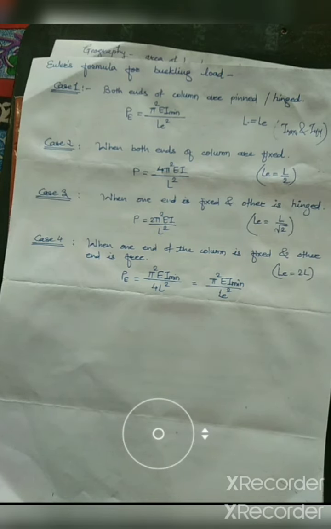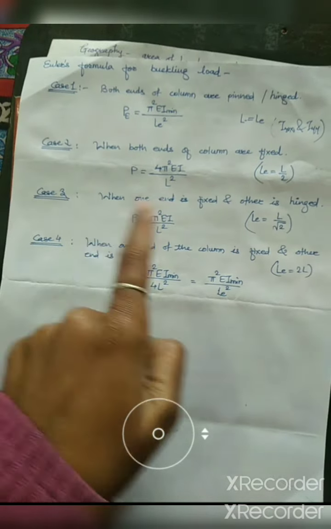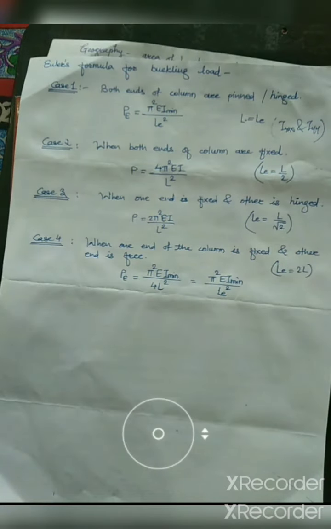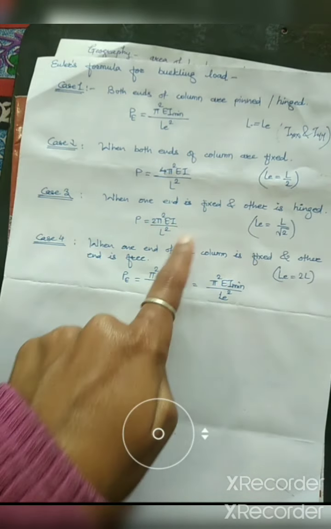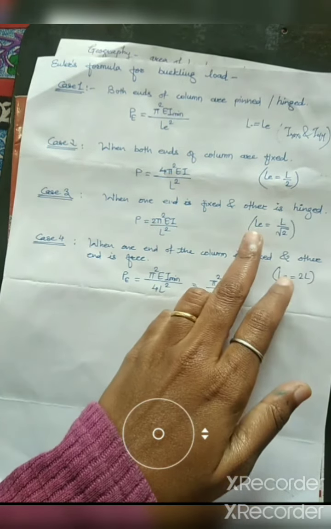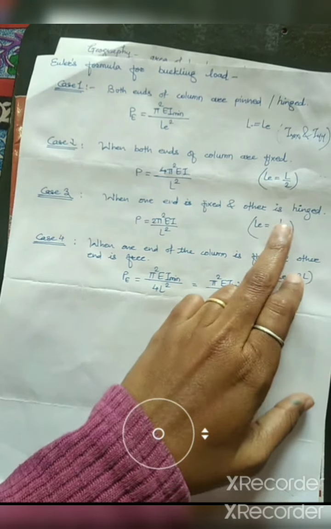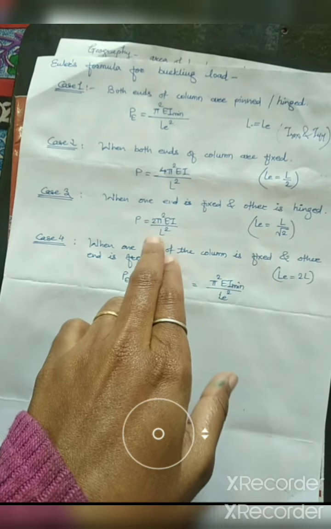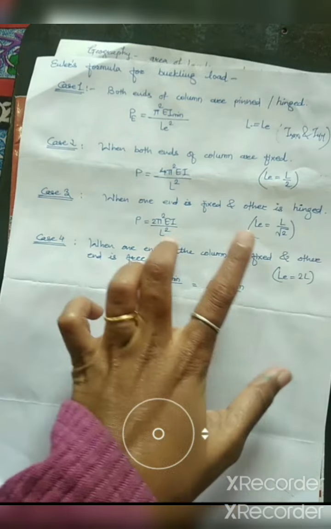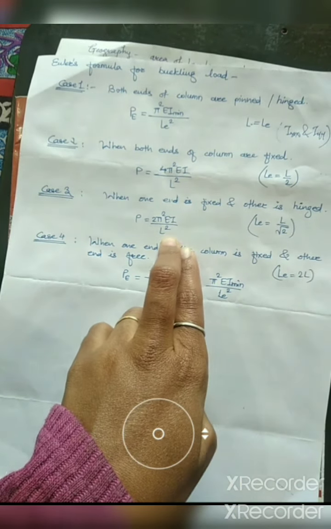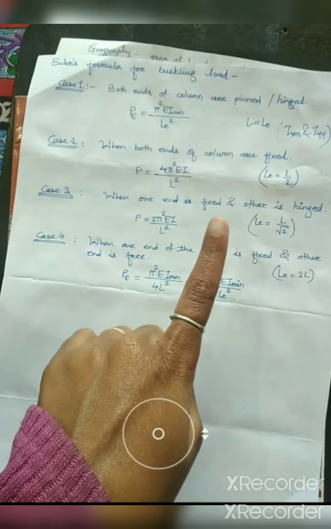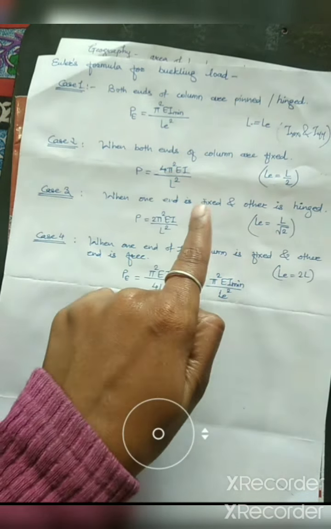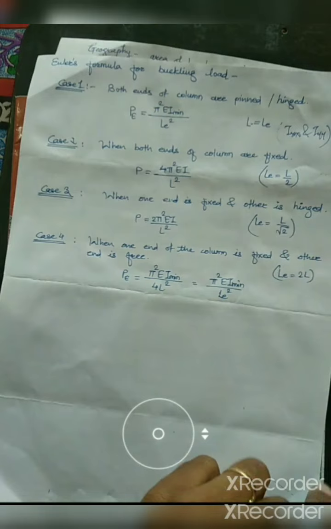Then the third case is when one end is fixed and the other is hinged. Then you have to use this formula, 2 pi square EI upon L square, where the effective length will be equal to L by root 2. By using this equation you can calculate the critical load on the column when one end is fixed and the other end is hinged.